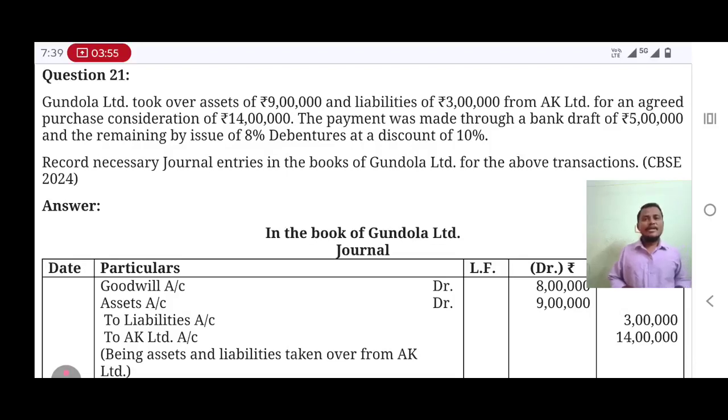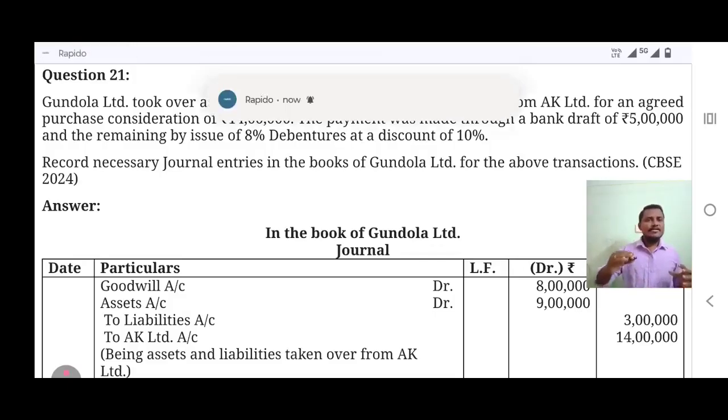Assets will be 9 lakhs, liabilities will be 3 lakhs, and then the purchase consideration will be 14 lakhs. Here 17 lakh is on the credit side of the journal entry and 9 lakhs is on the debit side, because asset is 9 lakhs, 3 lakhs is liability, purchase consideration 14 lakhs.